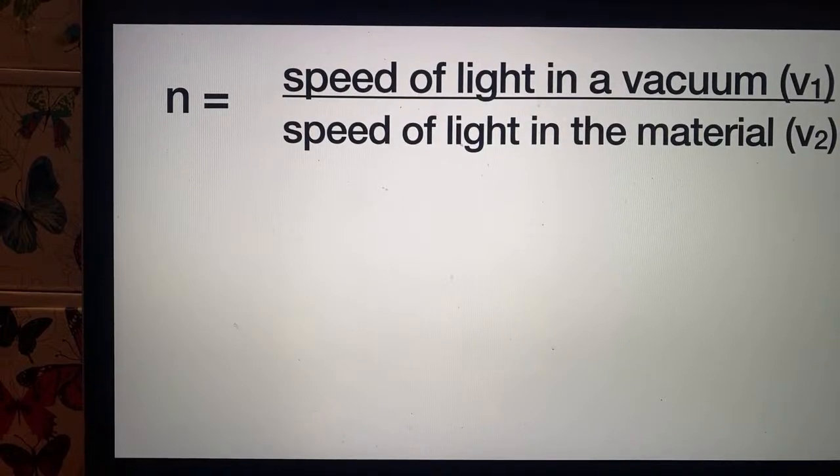We've talked about this before. It's always worth reiterating: when you do an equation, whatever you do to the number, you do to the units as well.